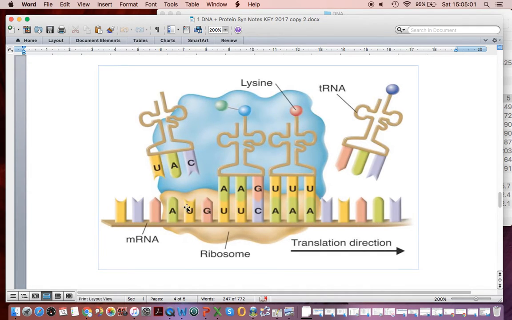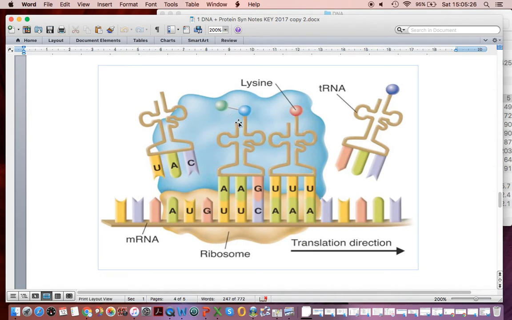So here's a diagram of what would be going on at the ribosome. We're moving in this direction. This is our messenger RNA. These three letters, UUC, would be an example of a triplet codon. Here's our triplet anticodon. This belongs to the transfer RNA. On top of it, the little ball represents an amino acid.